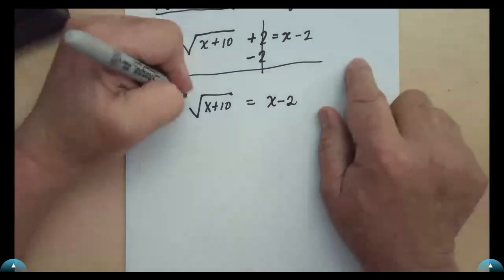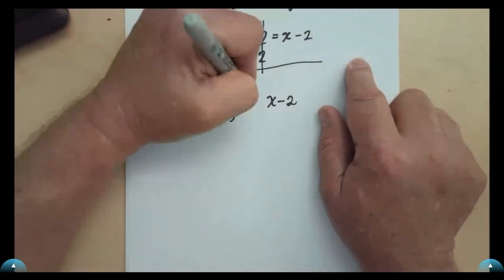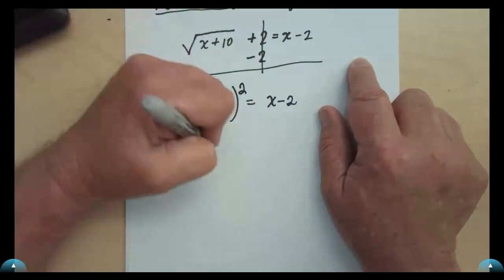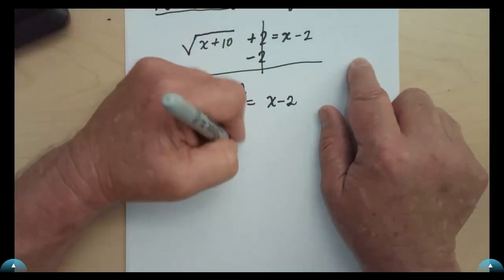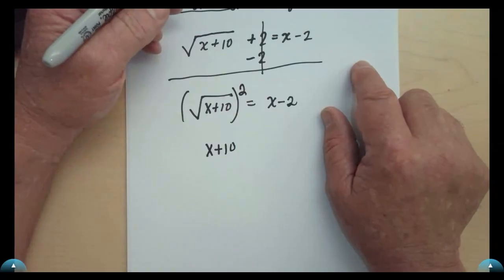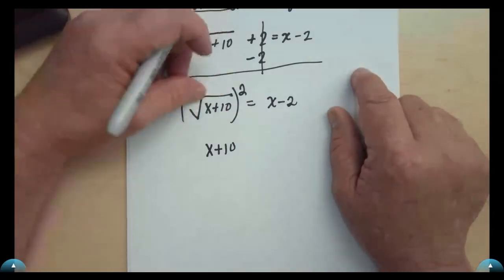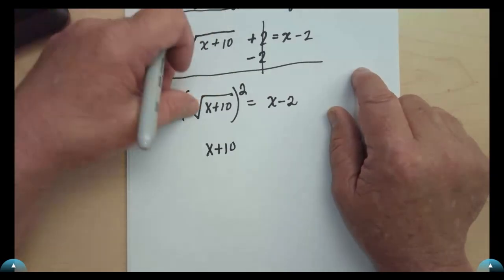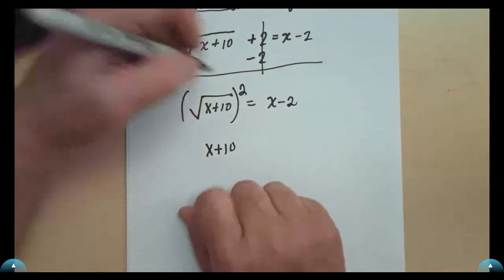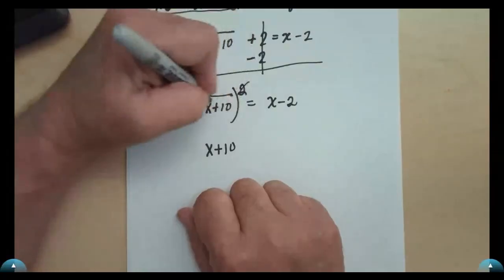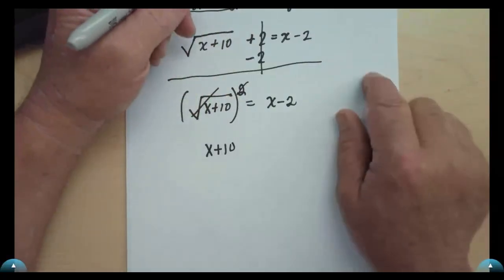That's very good. Yeah, that's a good thought. Do y'all agree if I square this, I'm just going to get x plus 10 without the square root symbol? Remember, I think we've talked about this a couple times already. If you square a square root, well, you've squared the square root of x plus 10, so you must get x plus 10. It's like the square and the square root cancel each other out.